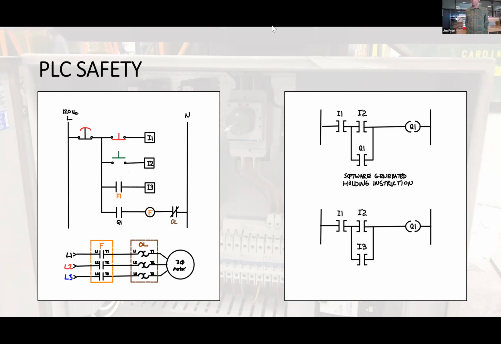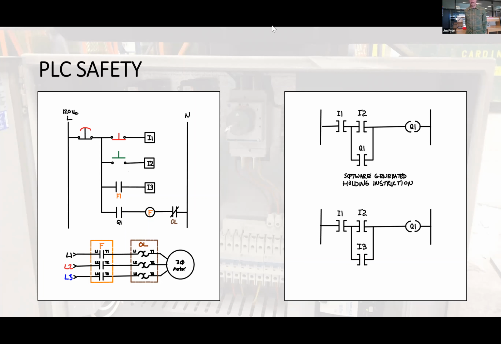A lot of pre-made labs about programmable logic controllers that you find on the web, or at a manufacturer's website, or for example from Festo or LabVolt, use a software-generated holding instruction, where when the Q1 output is asserted, the Q1 make contact closes and allows logical continuity. If you use that in the field, you will kill someone. You cannot use that.